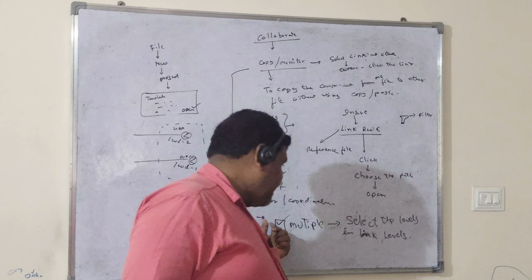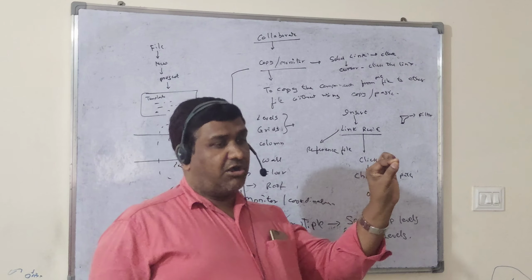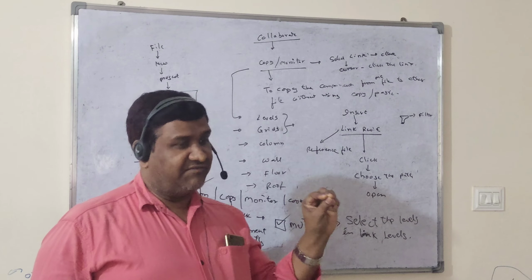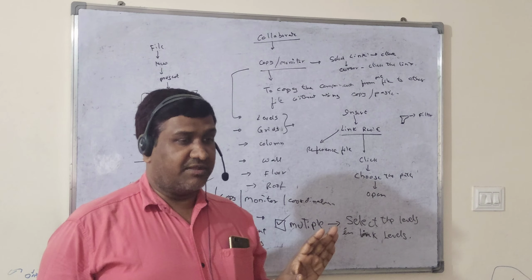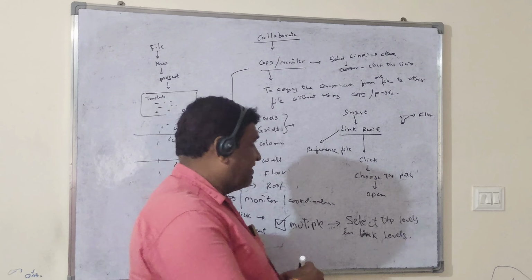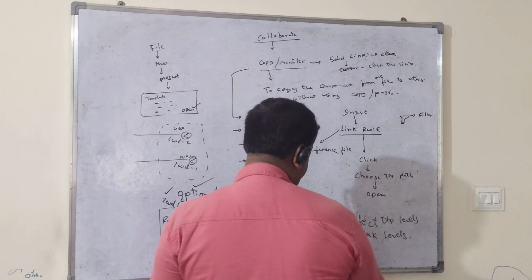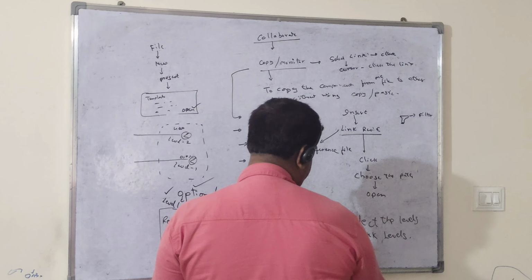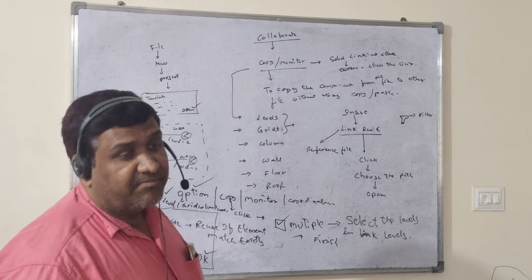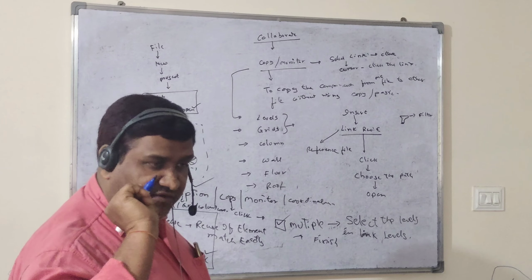Right now we are selecting the levels, so you just keep the levels tick mark on, and the remaining tick marks you have to turn off. After selecting the levels, there is an option beside Multiple called Finish. After selecting the levels, you just click Finish.